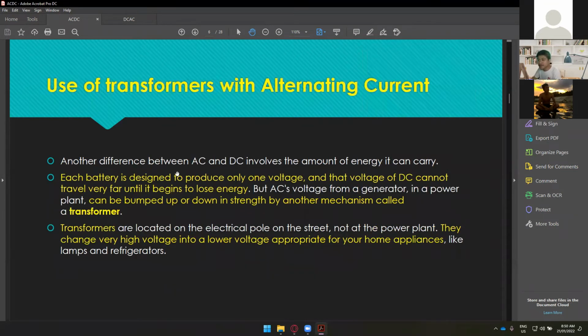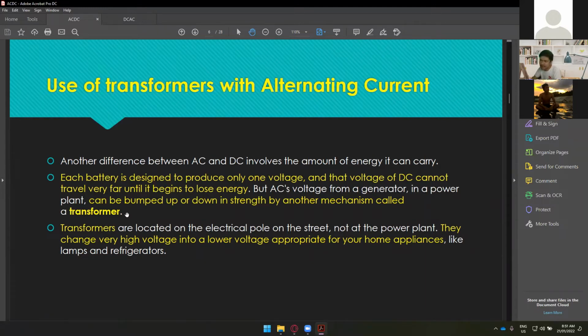Anyway, let's go over the use of transformers with alternating current. To make it short, on every electrical pole that we have, there is a transformer. The goal of that is to amplify or strengthen the electricity being delivered on that pole. If it's just a post where the wires are connected, just holding the wire, then at some point AC will lose its power.